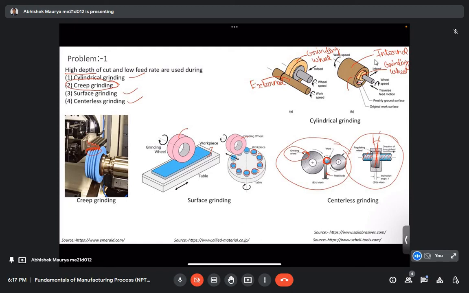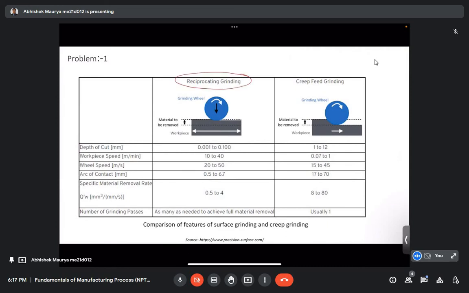And just for comparison purposes, we can see to what extent the properties differ between creep grinding and other grinding, where our aim is to improve the surface finish. Here we are taking the example of reciprocating grinding, basically a surface grinding, and creep grinding.